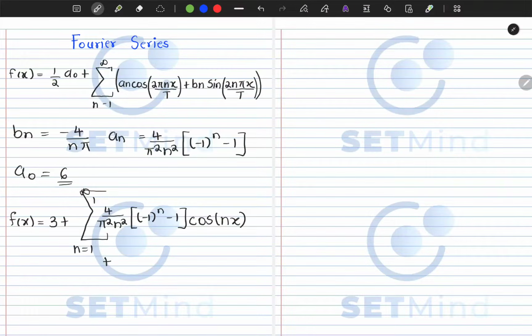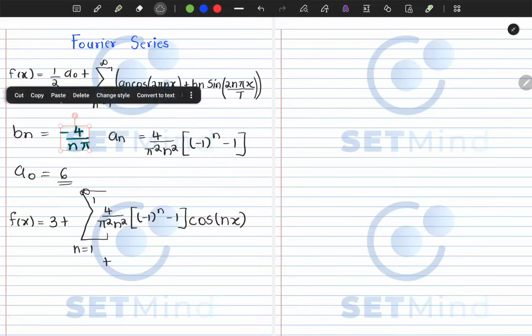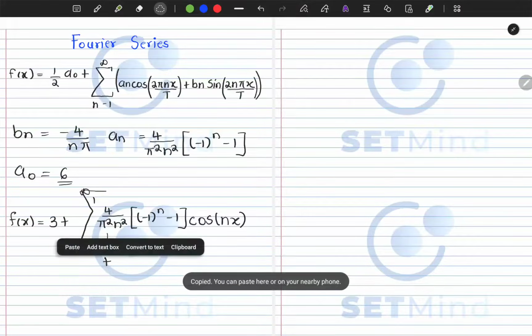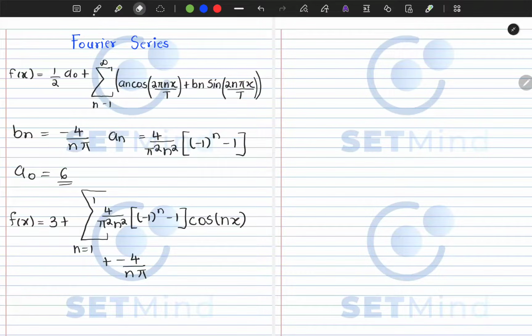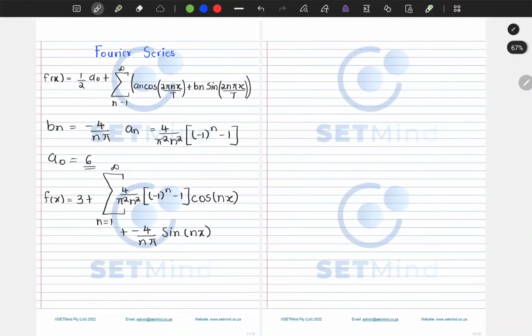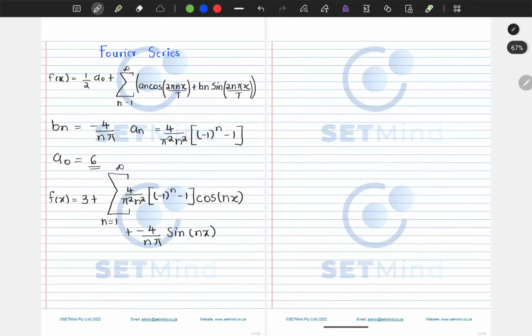And then plus the last part, which is Bn. So this is what we found is our Bn. And our Bn should be multiplied by sine. And our sine will be sine of nx. So this becomes what we find as our answer.